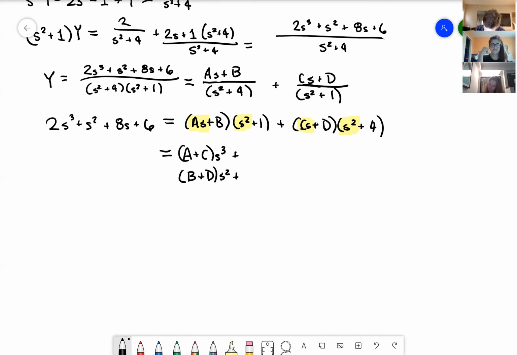So as times 1 plus cs times 4. So a plus 4c s. And then finally our constants, b plus 4d. Okay. Still not out of time yet. Actually, let's just leave it at that for now.